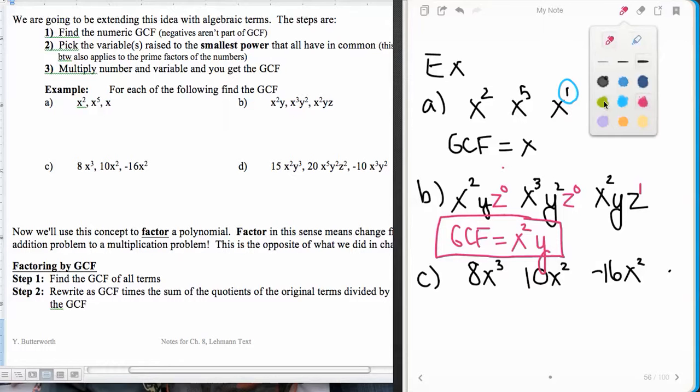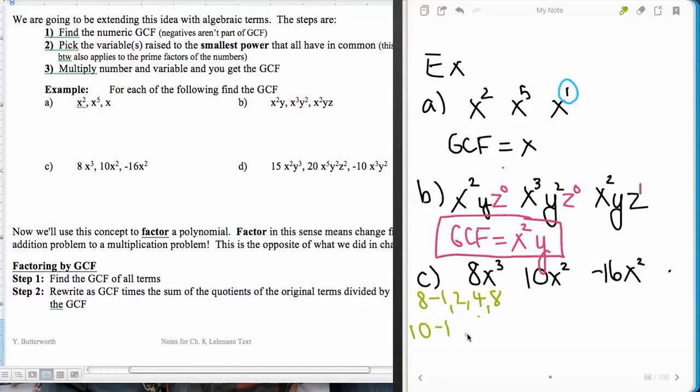All right, now looking at our next example, we have numbers there too. So now we're going to find a GCF for numbers and a GCF for variables. Number-wise, we go 1 and 2 and 4 and 8. And then 10, we have 1 and 2 and 5 and 10. And then we have 16. Now notice that 16 is negative. Negatives don't normally come into being part of the GCF.